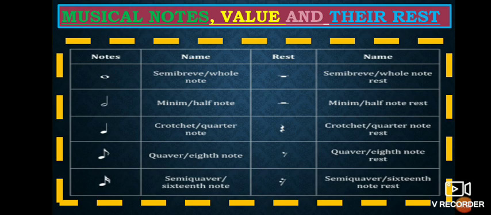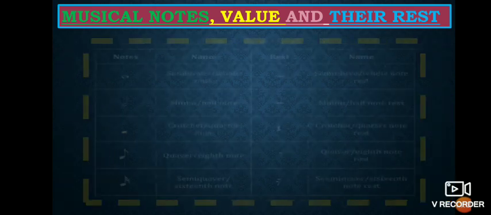Another name, the American name for crotchet, is quarter note. And you can see the rest sign looks like a flying bird.